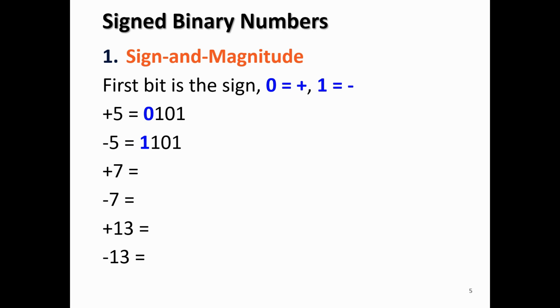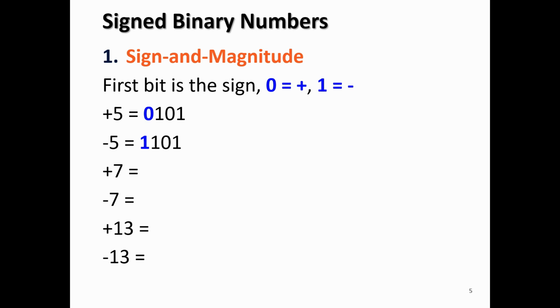For example, positive 5 is 5 in binary, 1, 0, 1, with a 0 in front, to the left of the leftmost bit. For negative 5, we also have 1, 0, 1, and all the way to the left we put a 1.